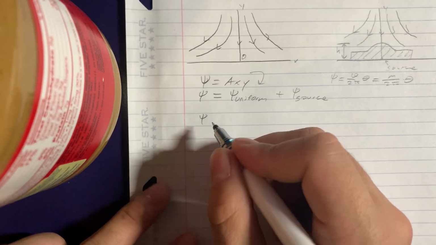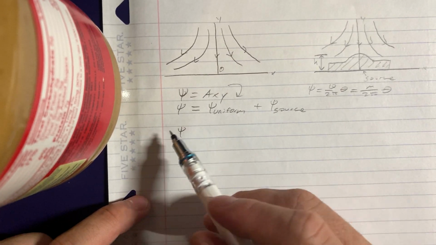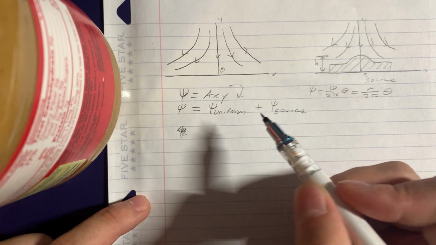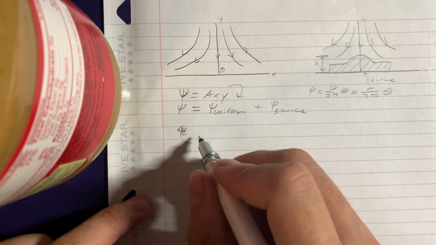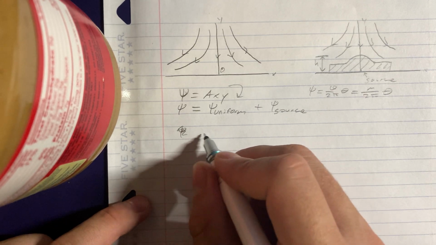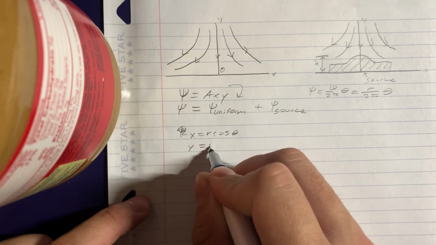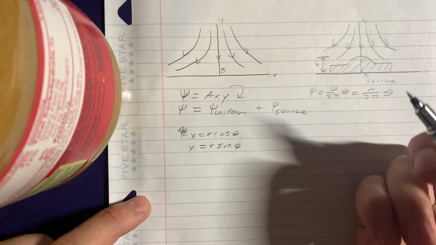First we need to convert Axy from Cartesian to polar coordinates, and you do that by setting x equals r cosine theta, y equals r sine theta.